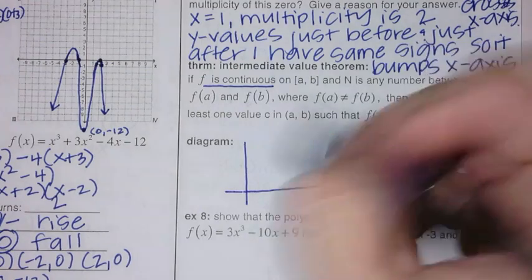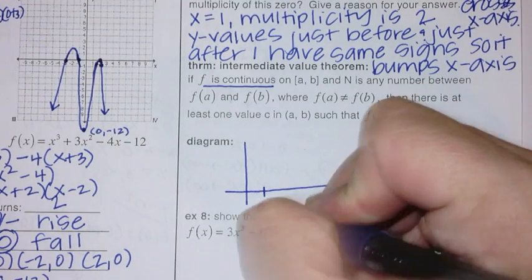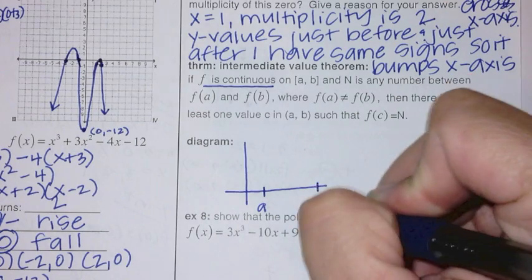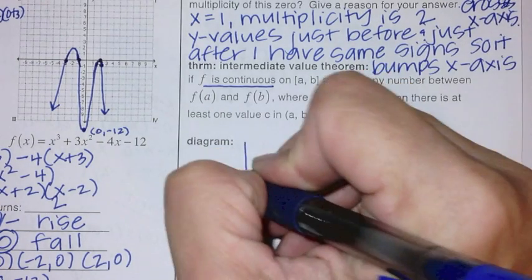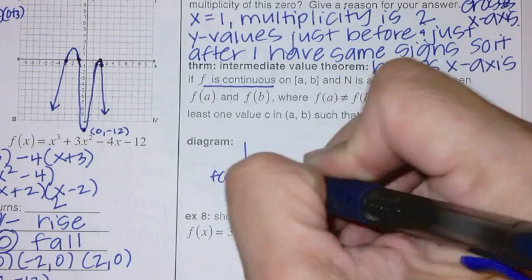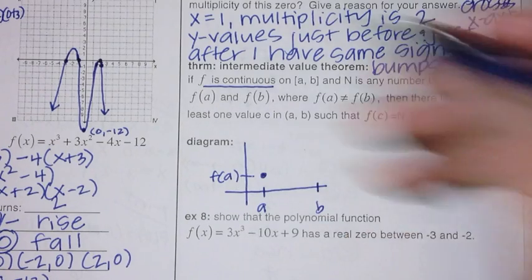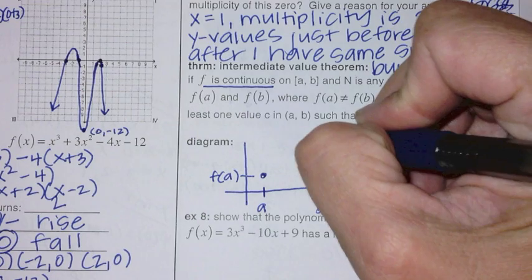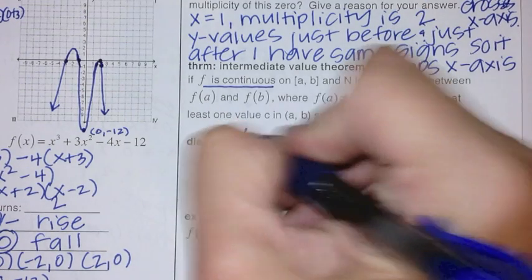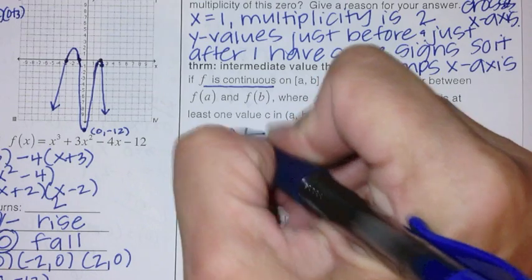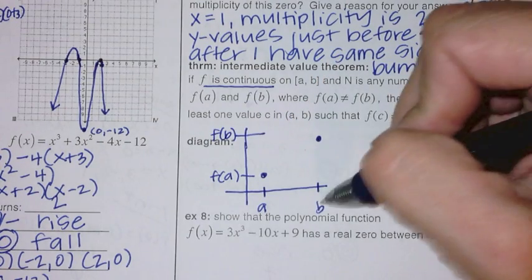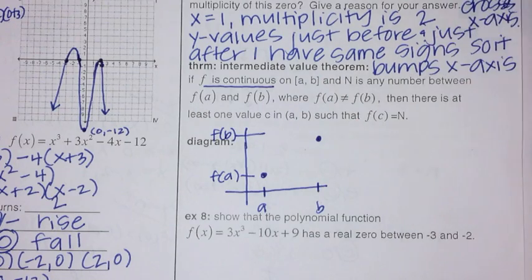So this one is saying if you have some x value a and some x value b, and here is f of a, because when you plug in a, your y value is f of a. And then up here is f of b, meaning when you plug in b, there's b's y value.